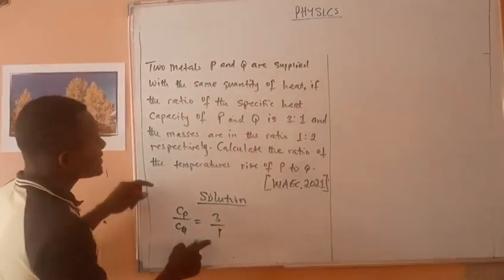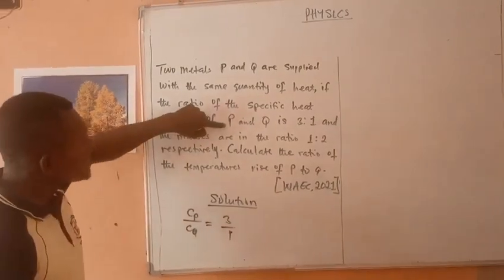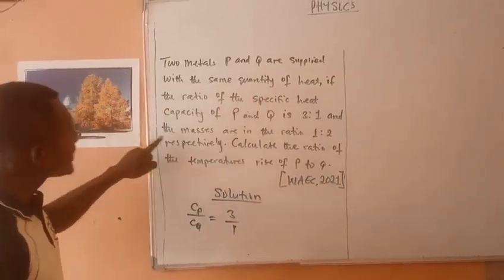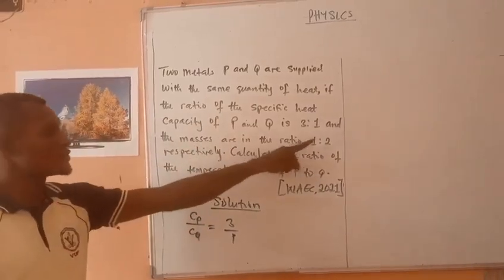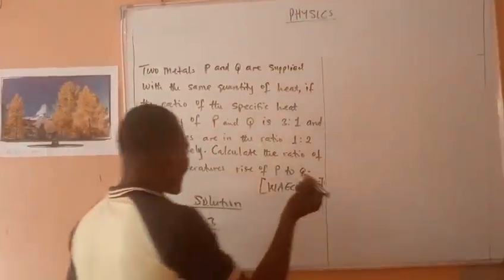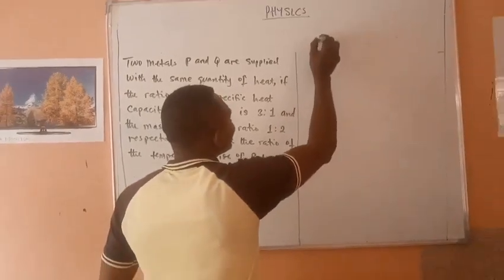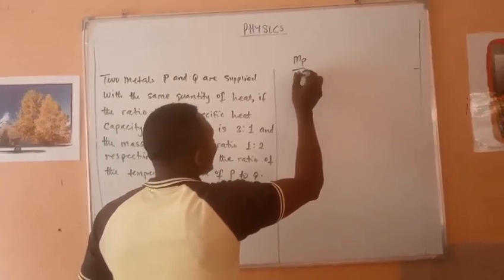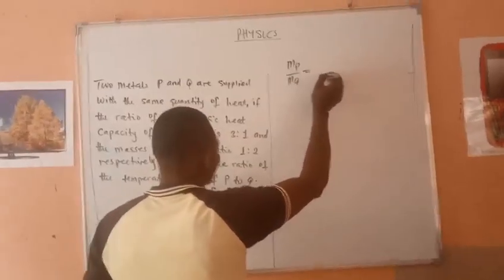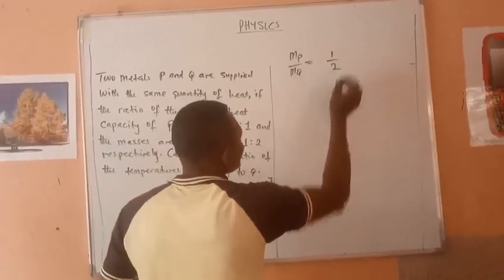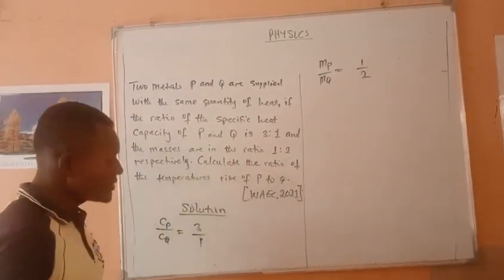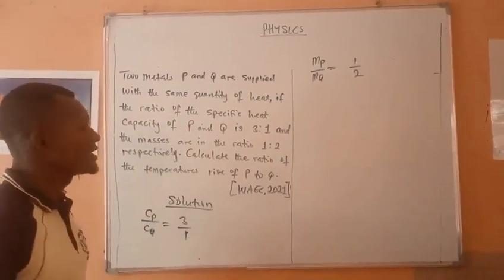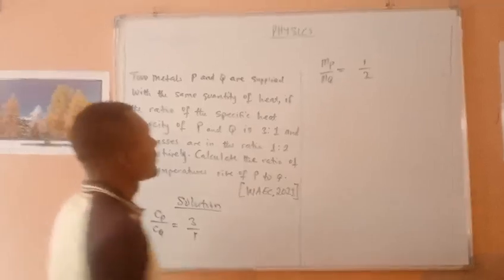Then the question further says that P and Q are in the ratio of their masses as 1:2. So in terms of masses, we have M_P is to M_Q is equal to 1/2.